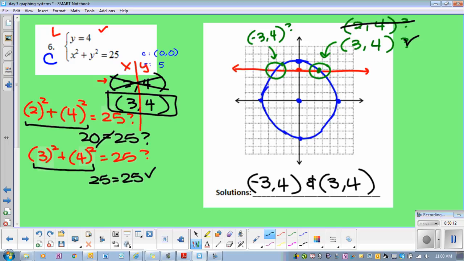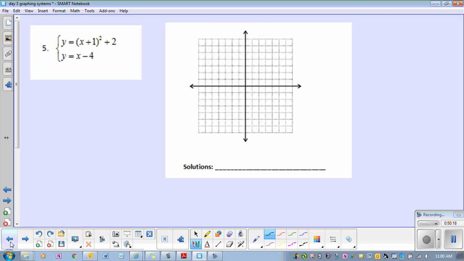So I think circles are going to be the only ones where you guys actually have to check. Okay? Let's try number 5. The top one is, what is that? A line, a parabola, or a circle? Parabola? Uh-huh.